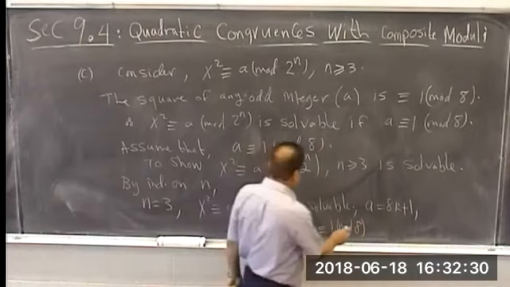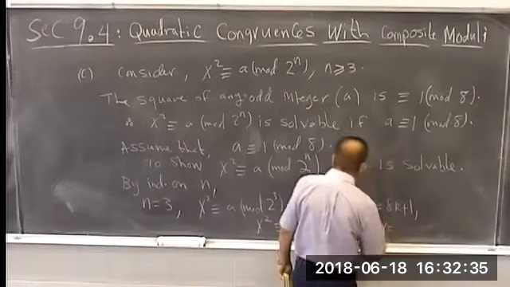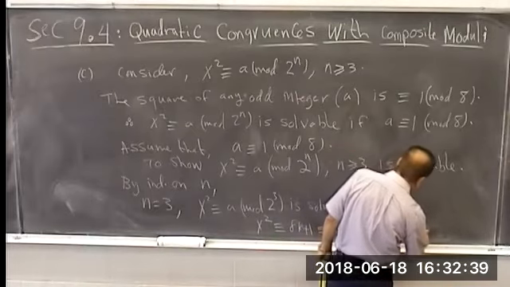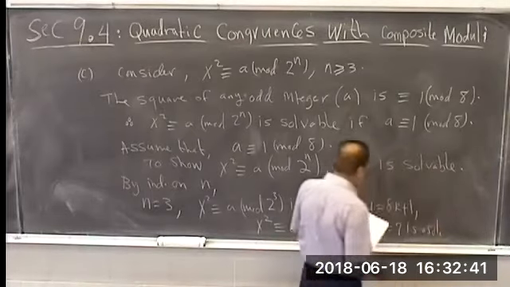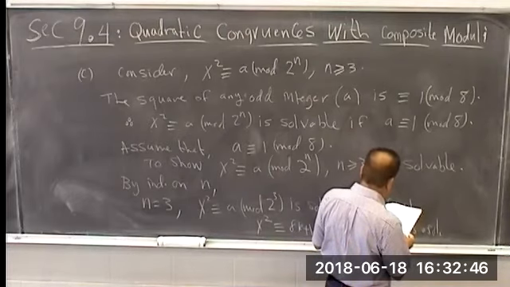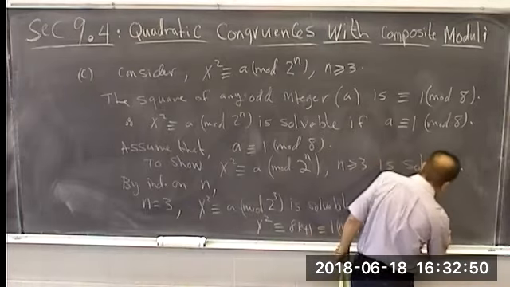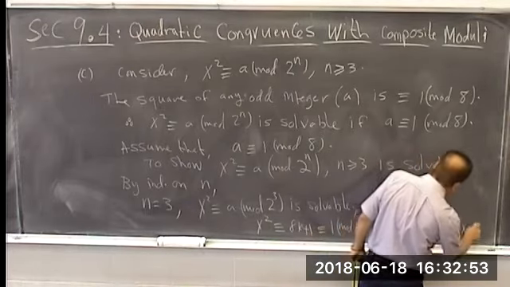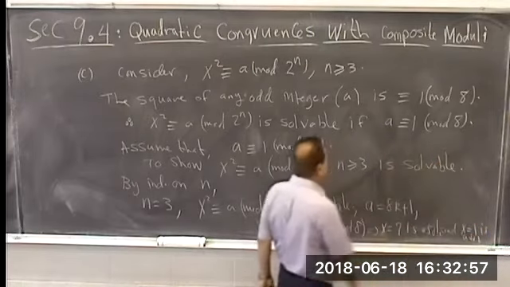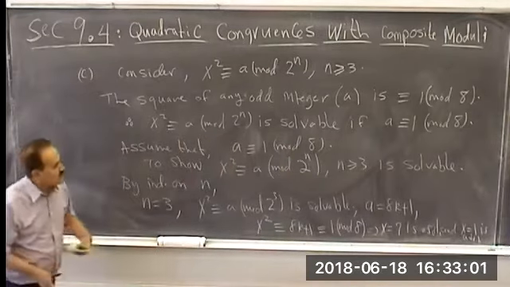The solutions for this: x equals 7 is a solution, and also x equals 1. X equals 1 and 7, these are the two solutions. So in other words, this is solvable.